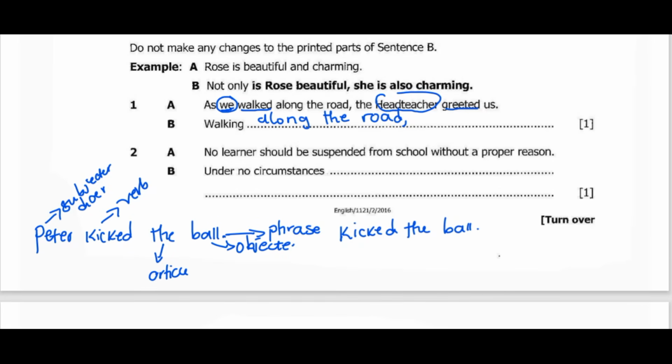As you can see, this is a phrase because we have not yet mentioned the doer and the receiver of an action. We have just said walking along the road. The question is, who did this? Then after the comma, we are supposed to mention the doer. So we are going to say, we were, it's plural, we were greeted by the head teacher.